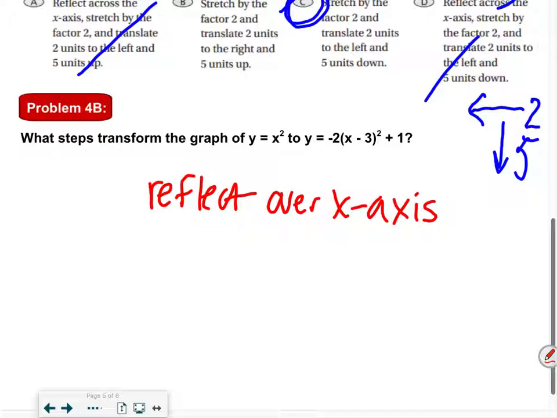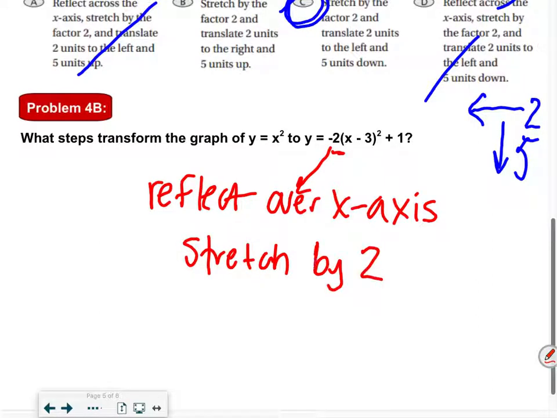What does the 2 mean? It means that we're stretching but negatively, right? No, the negative is our reflection. We're reflecting and it's stretched by 2. Not a negative 2, just stretched by 2.